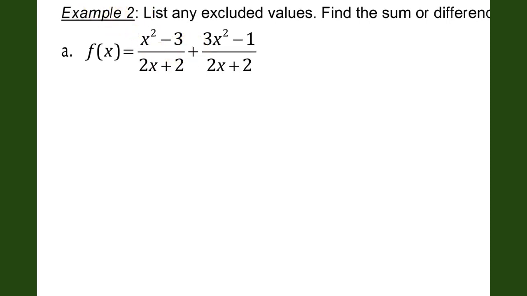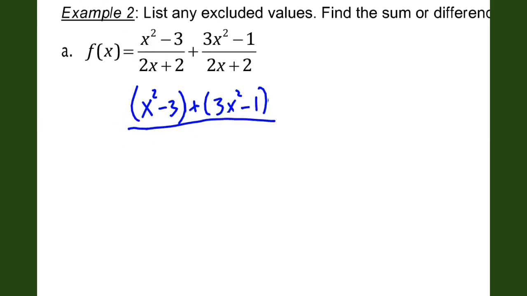So same denominators. So I'm just going to write this and show all the same steps I did on the all numbers problems. Right? Adding the tops together, all over the same denominator. Now you might look at this and say, well, I know I can factor the bottom. Hold off on that.